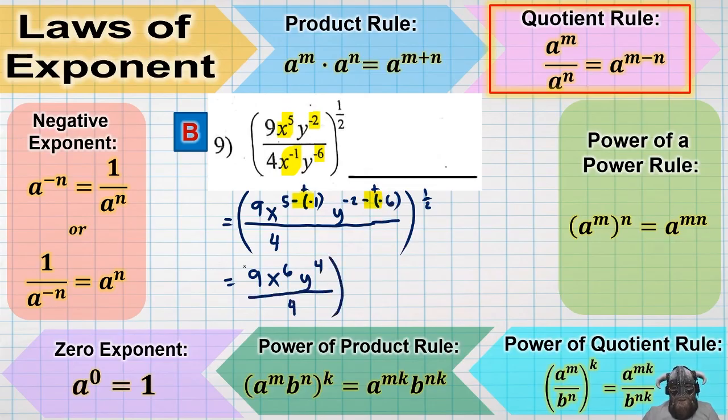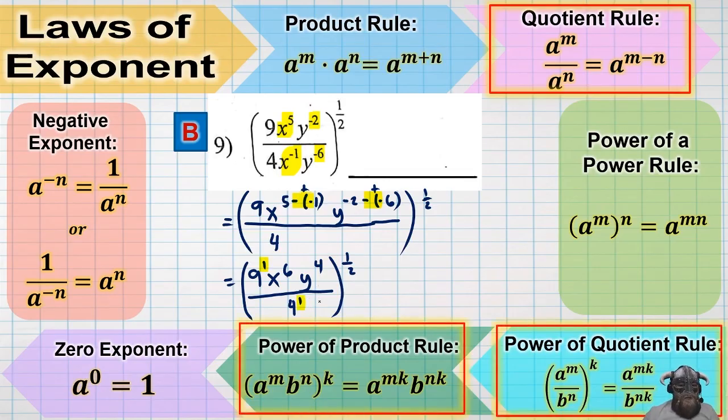But don't forget, we will raise all of them by 1/2. So in this case, parang makita nyo, merong value sa numerator and then may value sa denominator. So, lagyan natin ng exponent si 9 tsaka si 4 na 1. And from there, kung mapapansin nyo, pwede natin gawin ng sabay si power of a product rule and power of a quotient rule. Bakit? Kasi, we'll try to distribute 1/2 to the exponent of 9, exponent of x, and exponent of y.